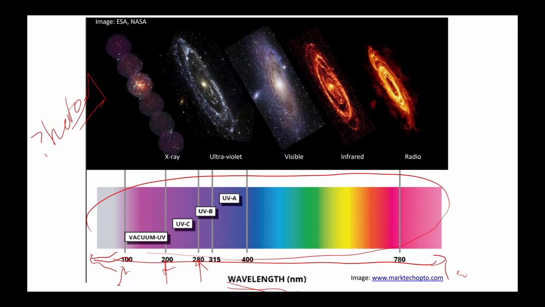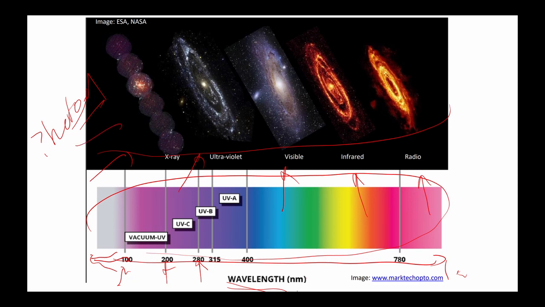If we take the picture of the galaxies with different cameras which detect x-rays, UV light, visible light, infrared or radio waves, these are the different pictures of the galaxies taken with the different types of cameras.